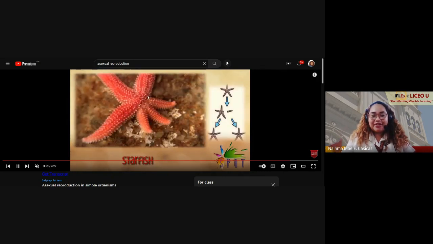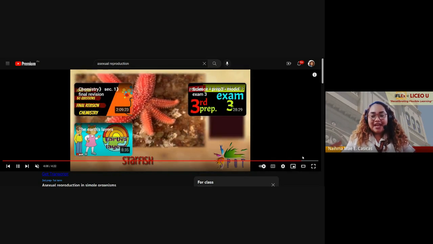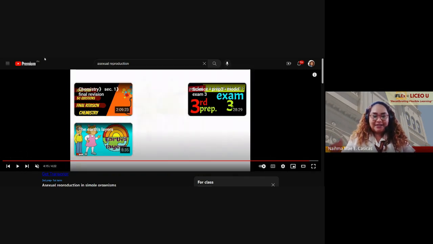The sea star will be cut into fragments, and eventually those fragments will grow the missing appendages. And that's it. All right. So that is basically your asexual reproduction.